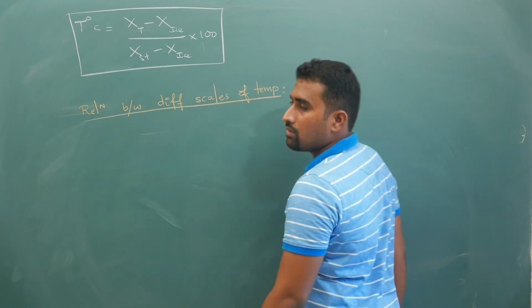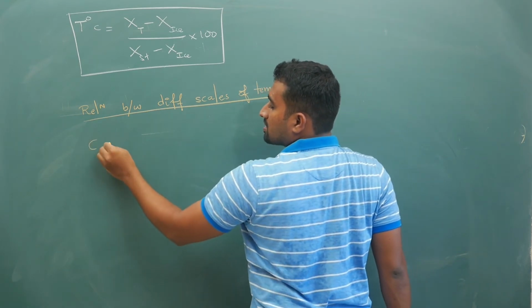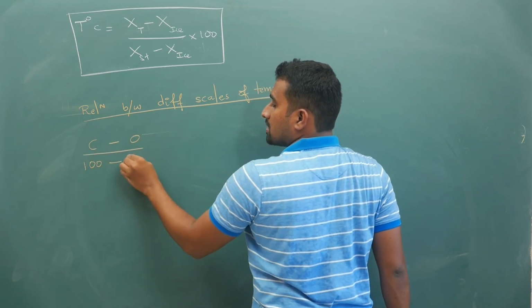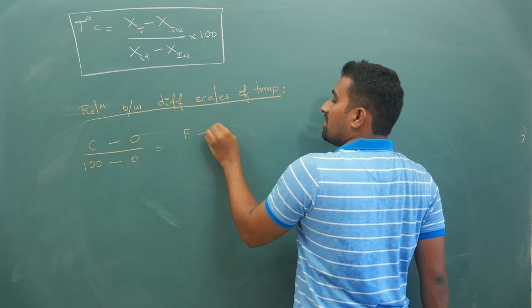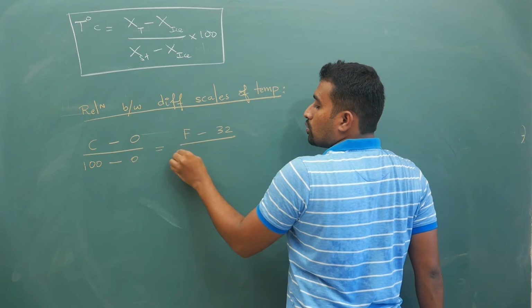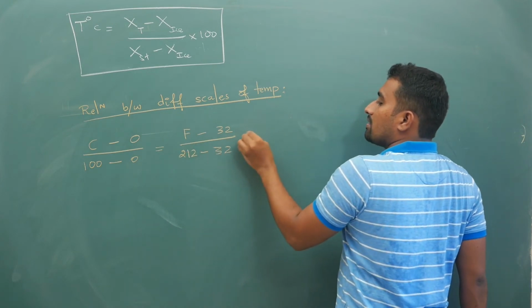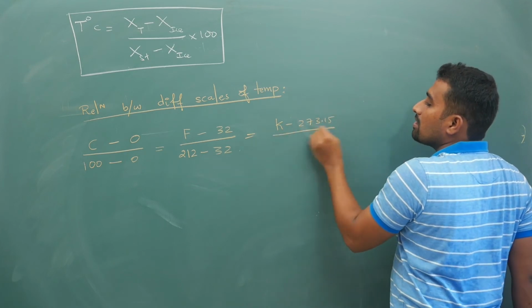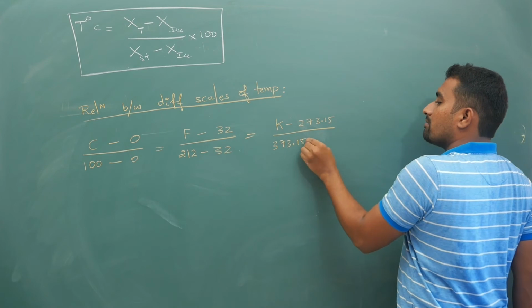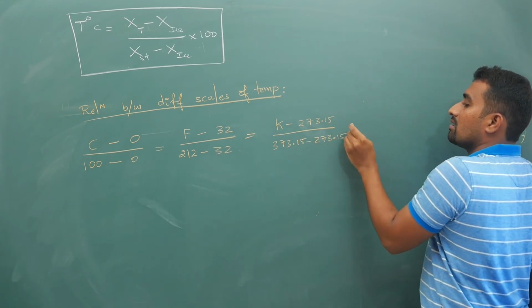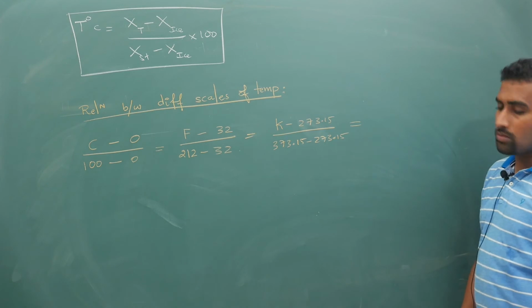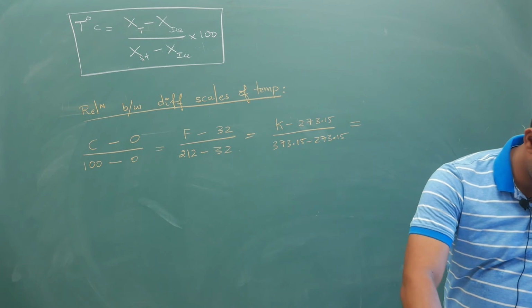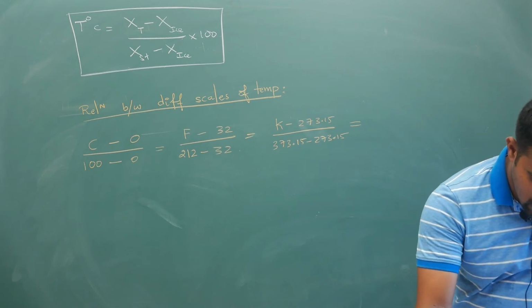Normally you will have the Celsius scale: C minus 0 by 100 minus 0 is equal to F minus 32 by 212 minus 32, that is equal to K minus 273.15 by 373.15 minus 273.15, that is equal to, you will have Rømer and Rankine scales. Let me check in the books whether you have it or not. Normally we will use only these three.